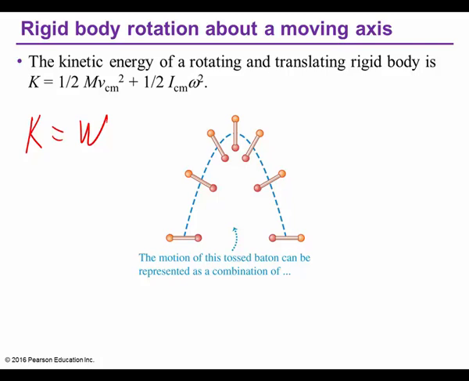And so we have to look at the energy of the total mass of the system about the center of mass, and then we have to look at how much energy is being created by the moment of inertia about the center of mass. Notice this one deals with the velocity center of mass, and this one deals with the angular velocities about the center of mass. So you have to look not only at translational, but you also have to include rotational.